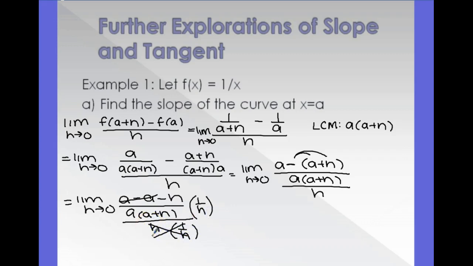So we're going to multiply by 1 over h. So we got negative h all over a plus h times h. What happens? My h's cancel.